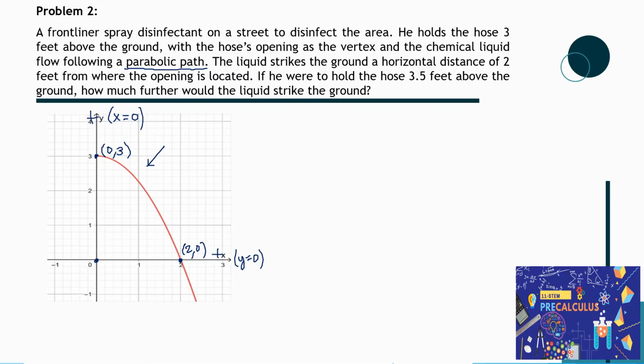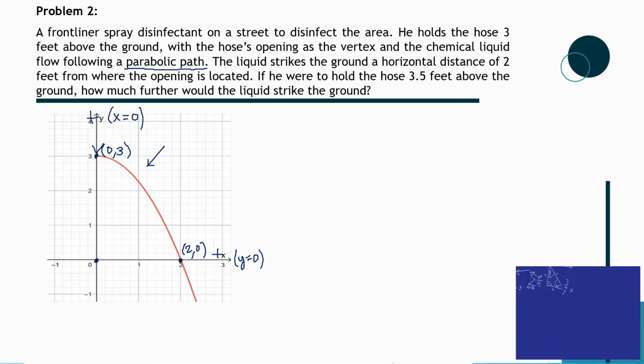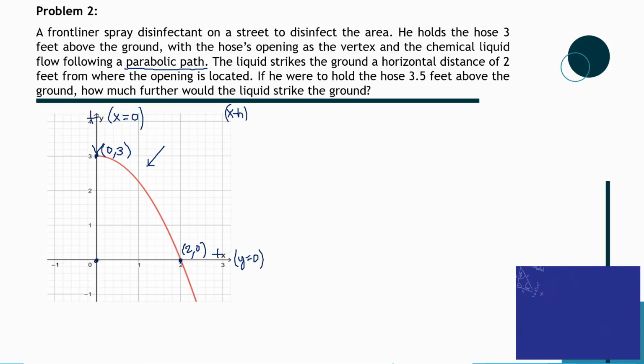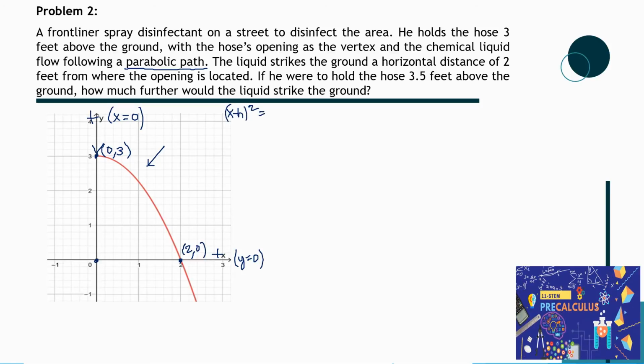So since we're given now 2 points, the vertex of the parabola at (0, 3), and another point on the parabola which is (2, 0), then we can derive its equation using the standard form of the equation of a parabola leaning downward, which is (x − h)² = −4c(y − k), since downward is negative.